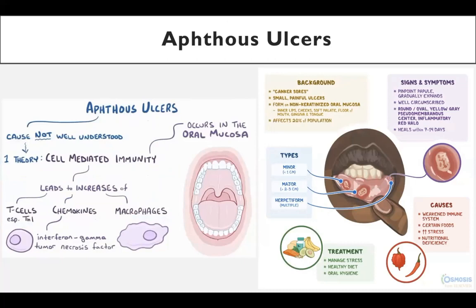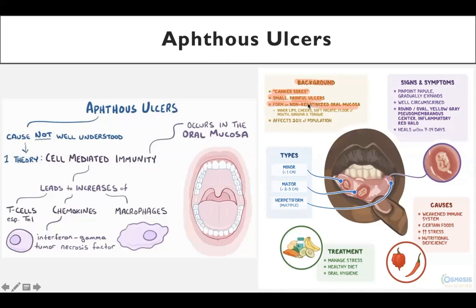On the right side, we have background, where they say these aphthous ulcers are also known as canker sores, not cold sores, canker sores. They are small, painful ulcers that form on non-keratinized oral mucosa, except the major one.